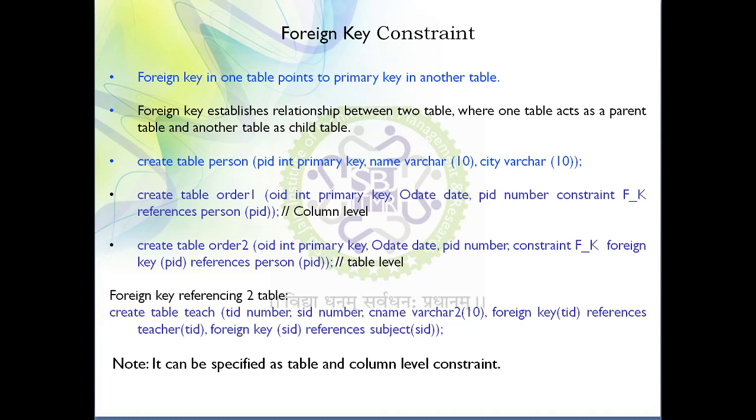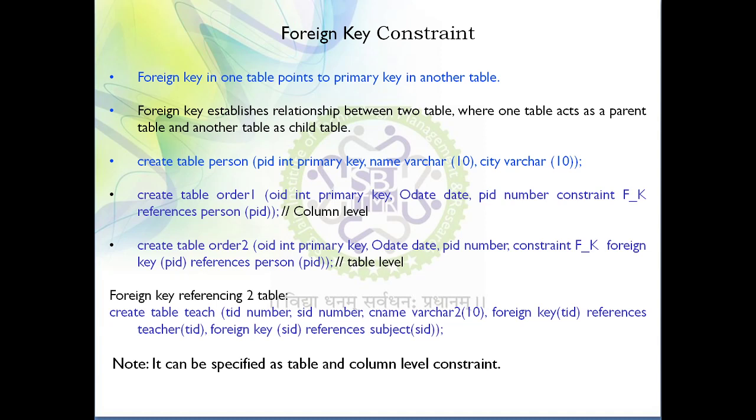Suppose you learned the concept of inheritance. In that case, you know that there is a base class and a derived class, that means a parent class and a child class. Similarly, when you are designing a database, you need to create more than one table, and most of the time you need to establish a relationship between two tables.